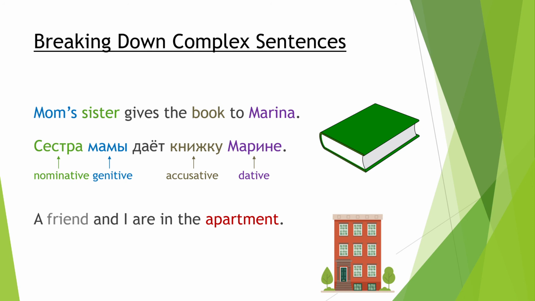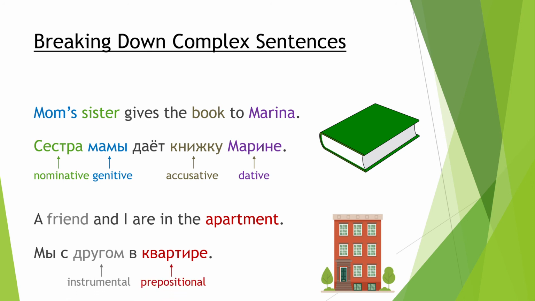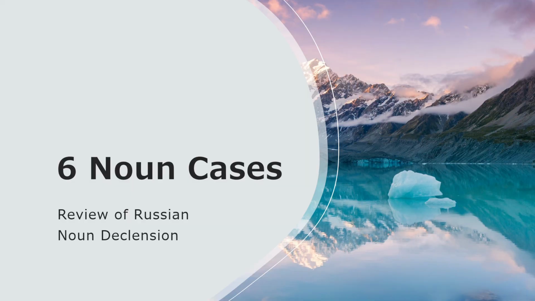And in the apartment, that is prepositional, because in is a preposition. Мы с другом в квартире. Okay, so instrumental and prepositional. So it's not too difficult. As long as you break it down into small pieces, you will know how to do the proper noun declension.